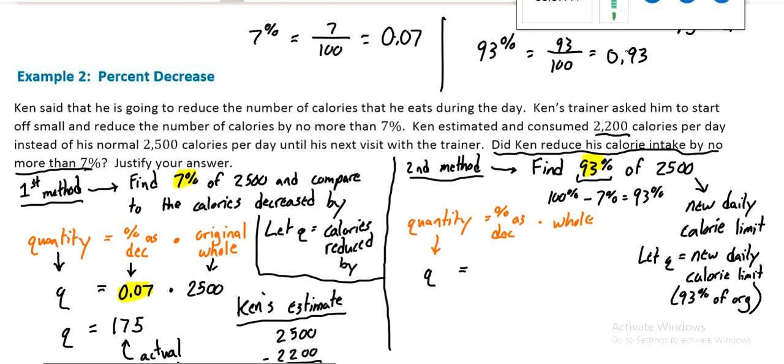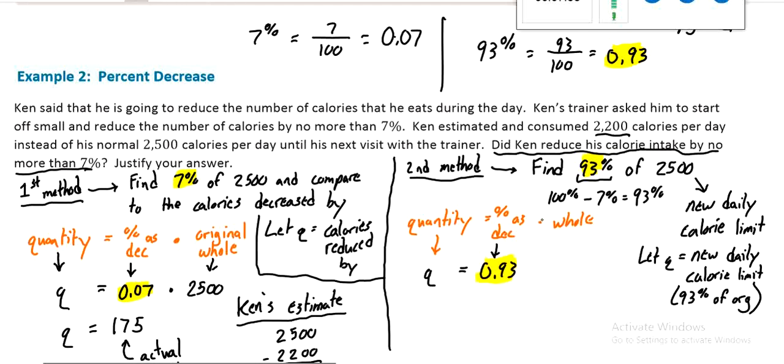So that is our percent as a decimal. We'll throw that in right there.